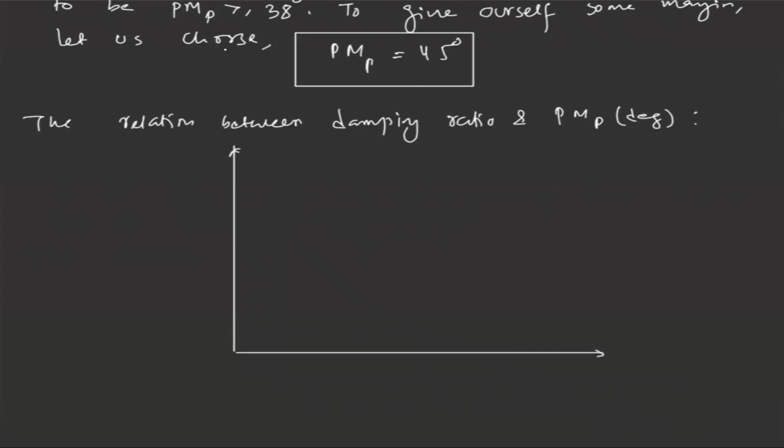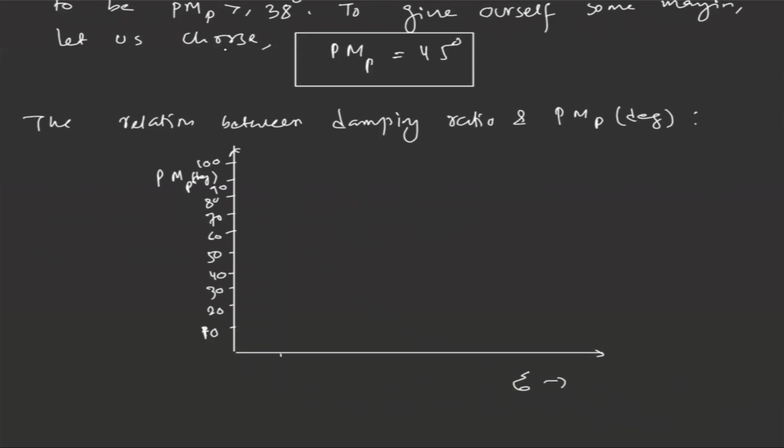This is phase margin in degree, and let's divide the y-axis: 10, 20, 30, 40, 50, 60, 70, 80, 90, and 100. And damping ratio is on the, sorry, x-axis. This is damping ratio.